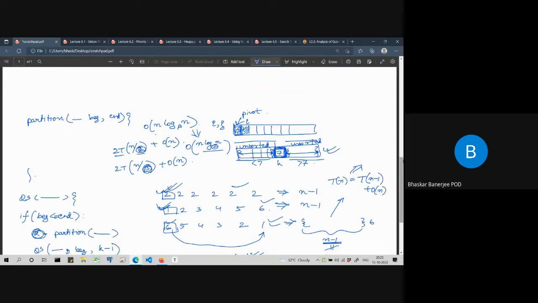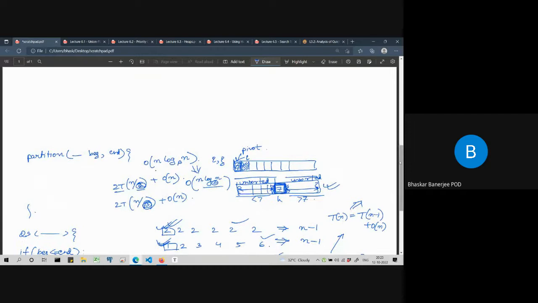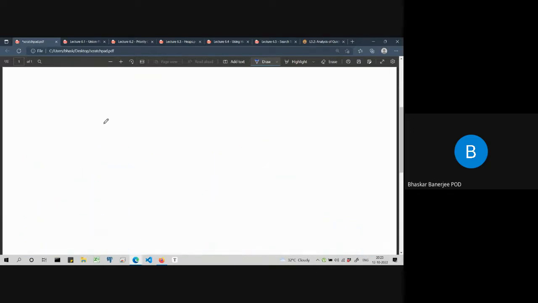Now some recurrence might come in your examination, a simple recurrence, you just have to think. Let's say we give you log n, log n square, and another is 2 to the power 2 log n, or let's say 2 to the power n.